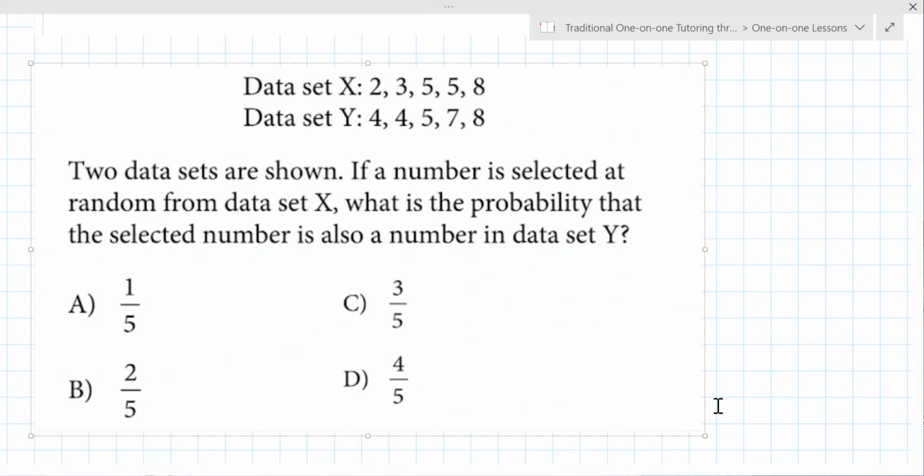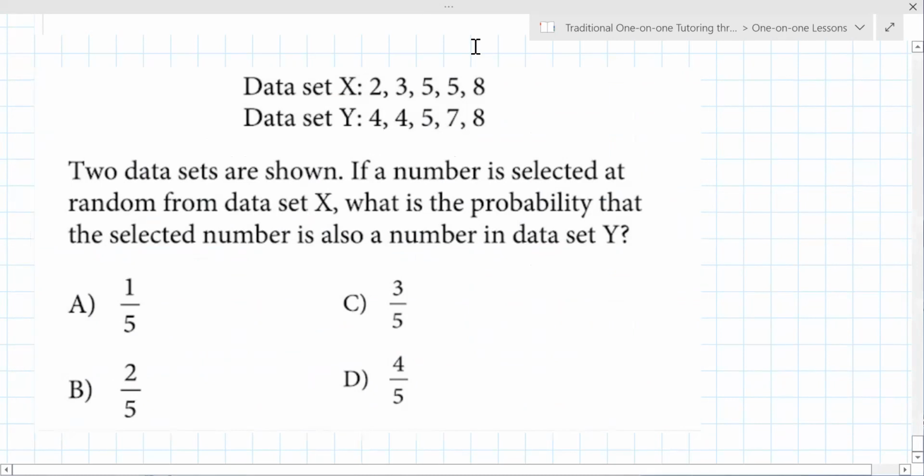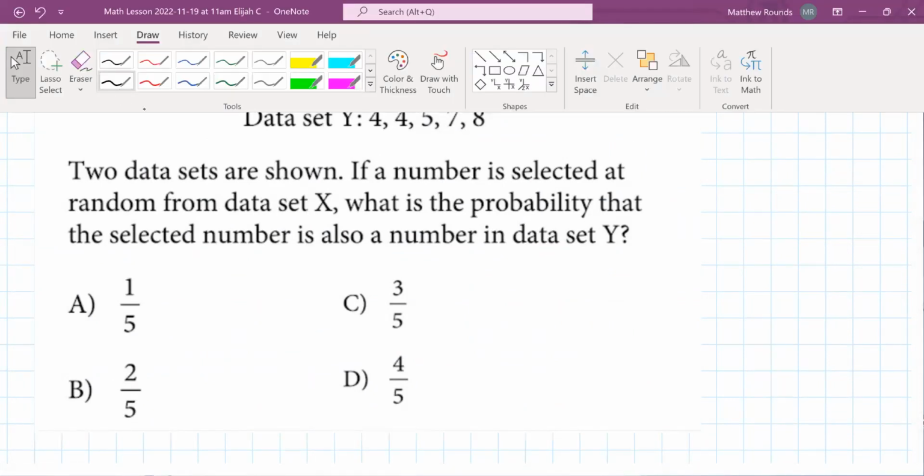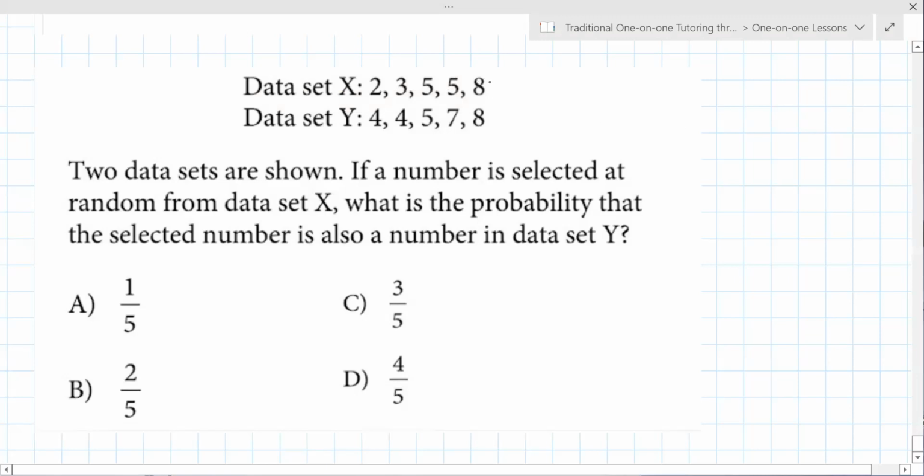Okay, so what they're asking you to think about is, is there any overlap between the 2 data sets? There's 2 5s in X and 1 5 in Y. There's no 4 in X. There's no 2 or 3 in Y. So how many numbers are in both? 5.